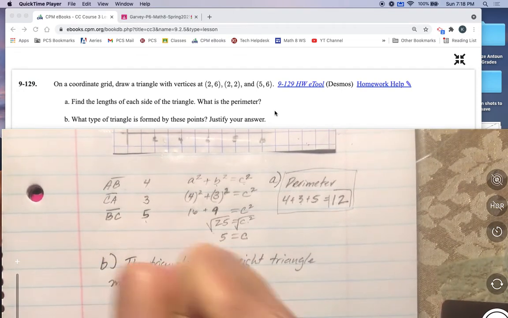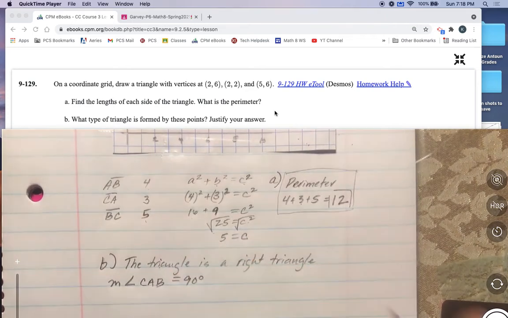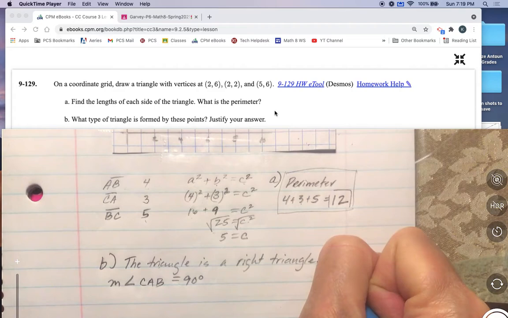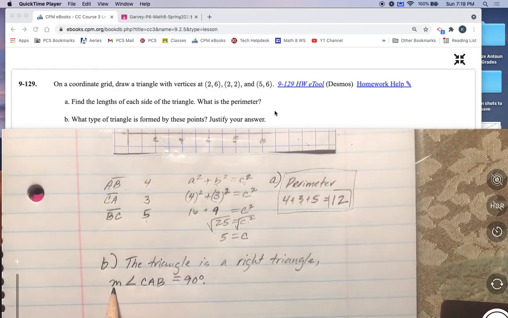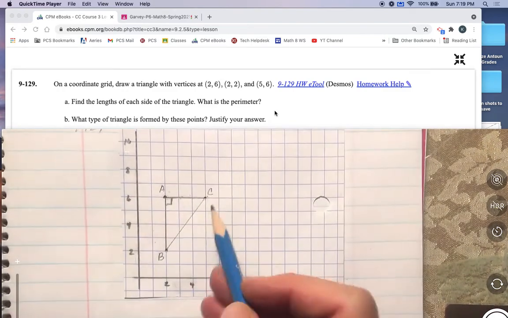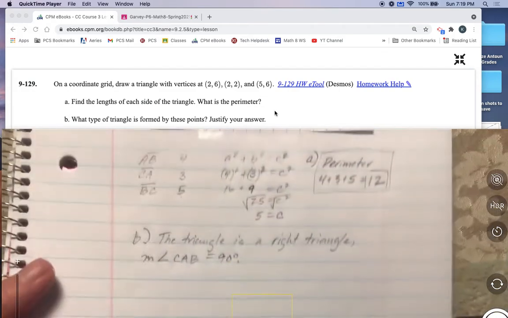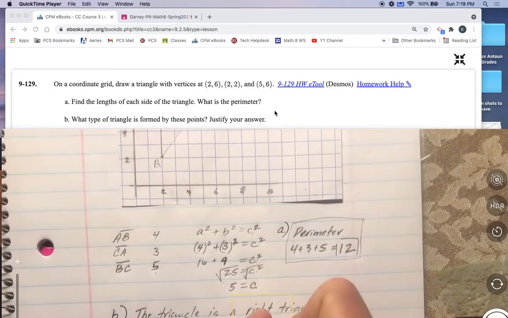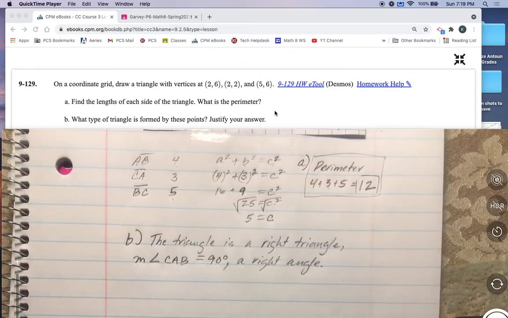The measure of angle CAB is equal to 90 degrees. Okay, so the triangle is a right triangle, and our justification is the measure of angle CAB, that's this angle, is 90 degrees, a right angle. So we're done.